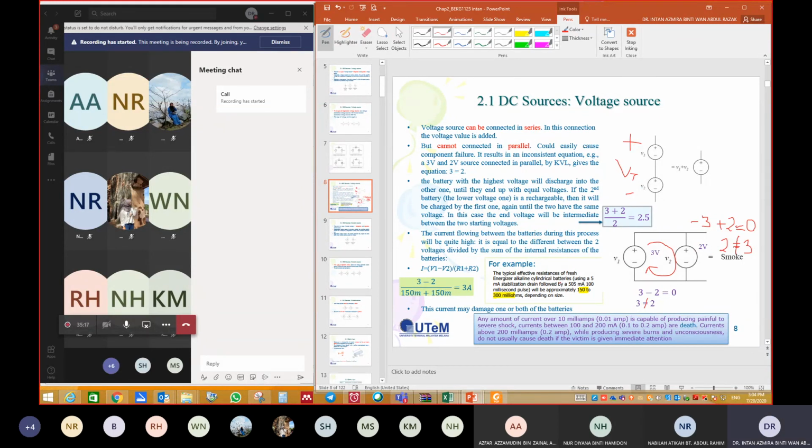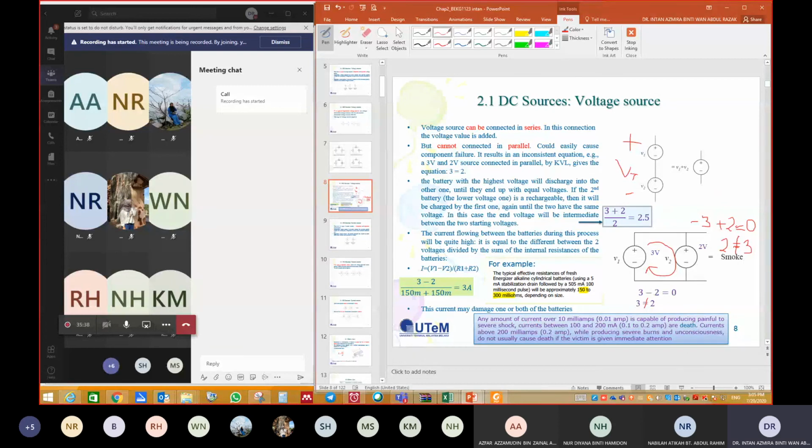An Energizer alkaline battery has approximately 152 to 300 milliohms. Let's say we take 150 milliohms, so we will get 3 amps.